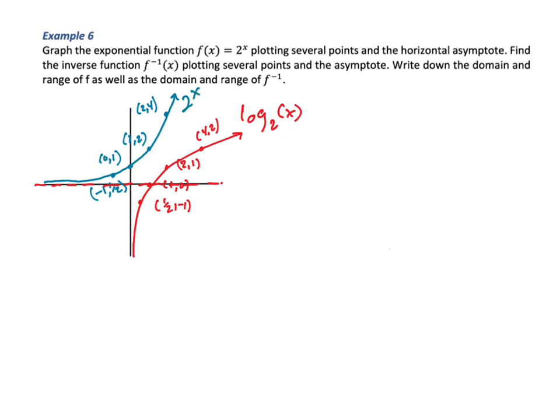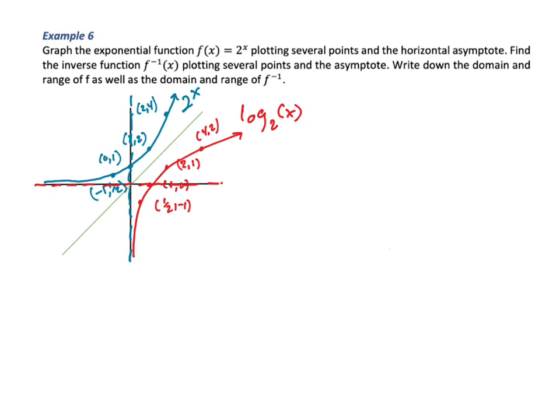And we can also see that the vertical axis, the y-axis, is now also an asymptote to our log function. So what that really says is for our log, we can only put in positive values. Oh, and we can also see that we've got this symmetry of the inverse functions around the y equals x line.